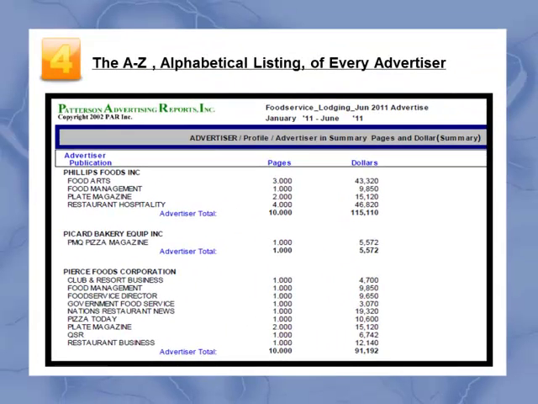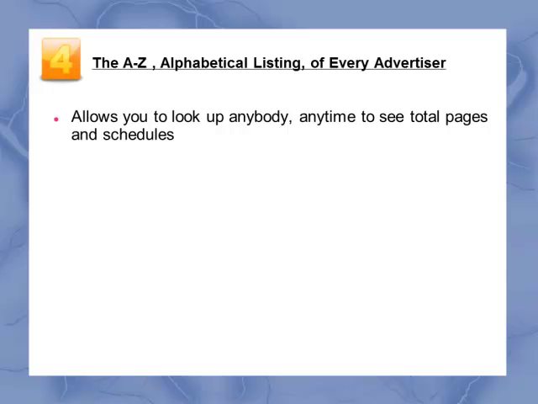This report will come to you in a PDF format. It's very easy to use the search function to look up information. Keep it right on your desktop so you can access it and have the answers right at your fingertips. The A to Z alphabetical listing of every advertiser allows you to look up anybody anytime to see total ad pages and schedules.